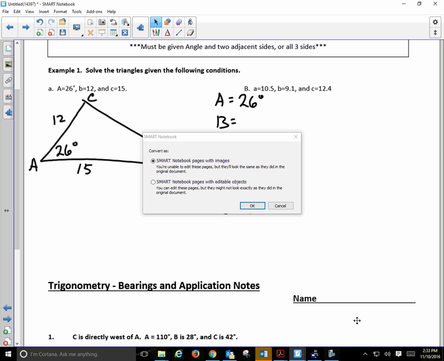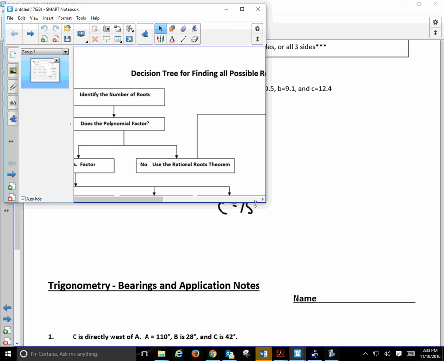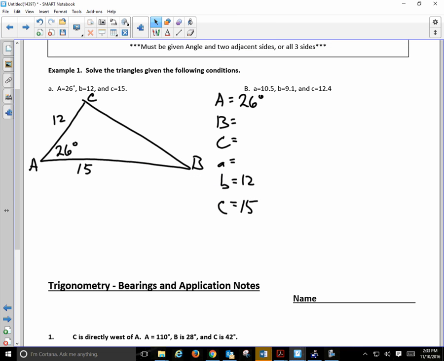How many sides do I have? I've got 2 sides, and Tito says it's side, angle, side. Tito, why is it side, angle, side, and not side, side, angle? Now, look at this. I've got 2 sides, but the angle sits between the 2 sides. You see that?